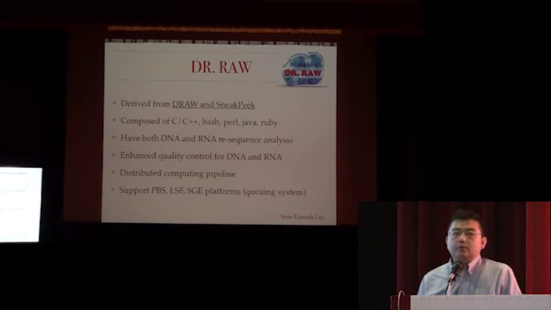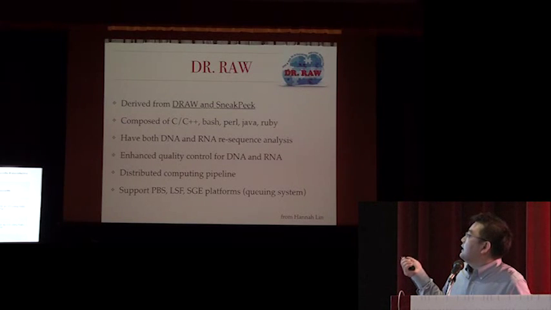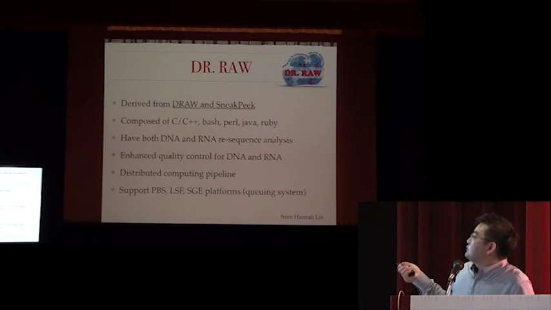We also modified the Drawn and Sneak pipeline. It's written in C++, bash, Perl, Java and Ruby. We derived from this tool and we call it Data Row. We added some Ruby scripts and did some modification.